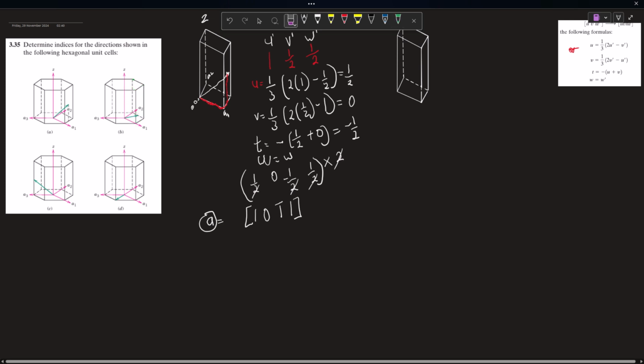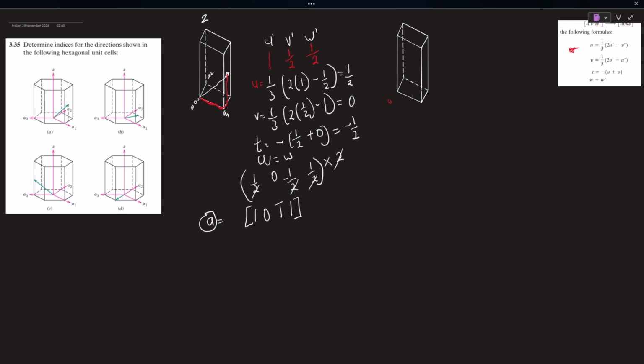So tracing it outside, I think we should use red again. So this is our origin, then we go, I think it went half this direction. Cool, makes sense.